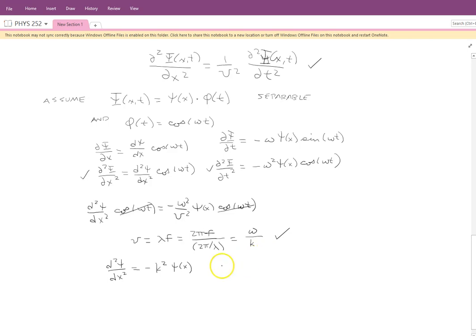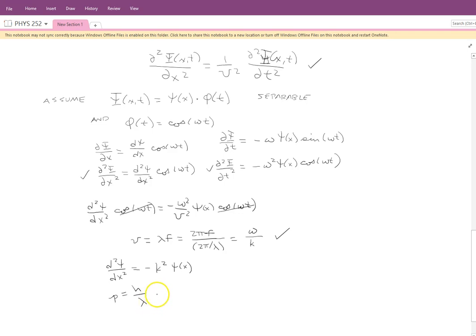Now what I'm going to do next is bring momentum and energy into the discussion. If you recall, for a matter wave, the momentum is h over the matter wavelength. That idea is borrowed from the photon. The matter wavelength, or de Broglie wavelength, is h over the momentum.